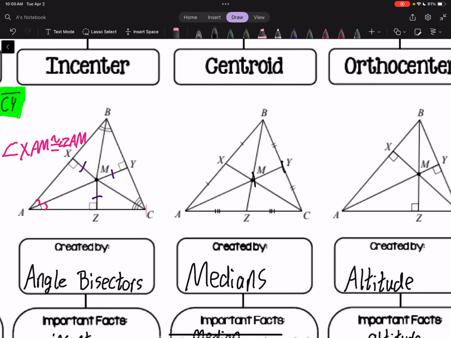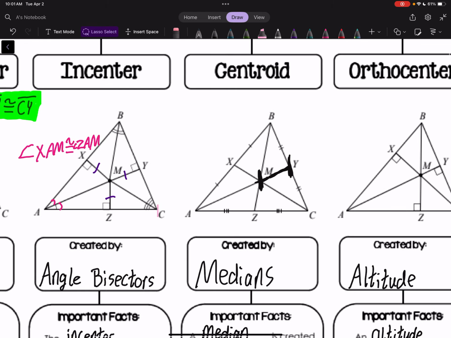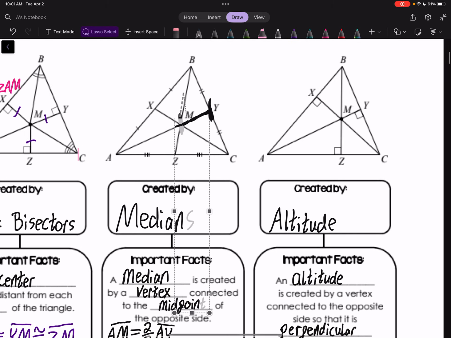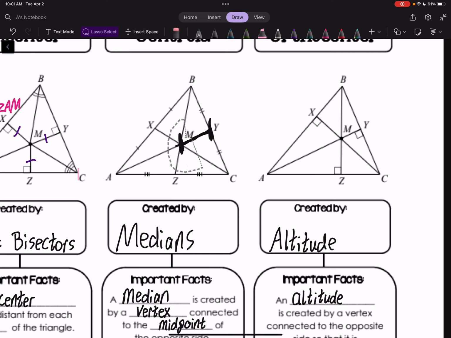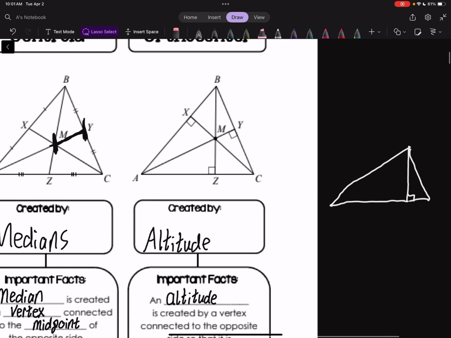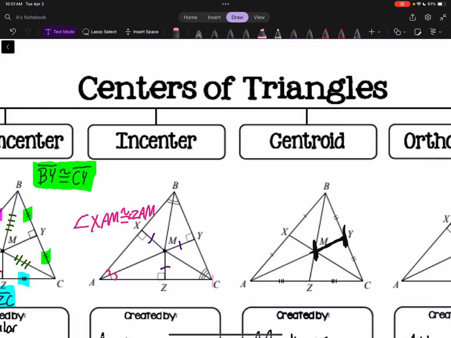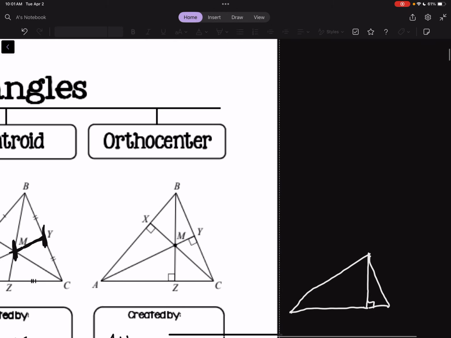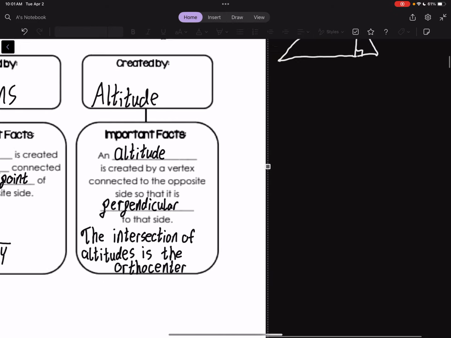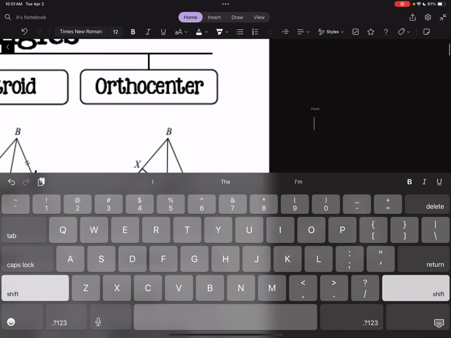I'm going to show you. If I take my line segment MY here, I'm going to copy it. Paste.